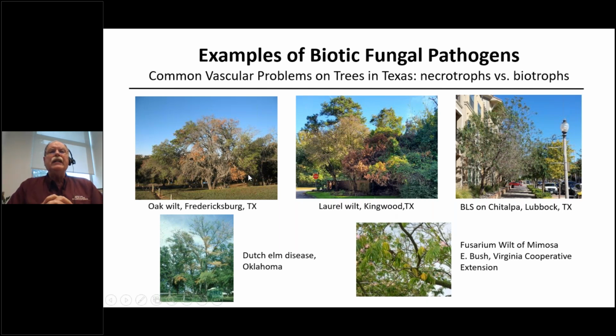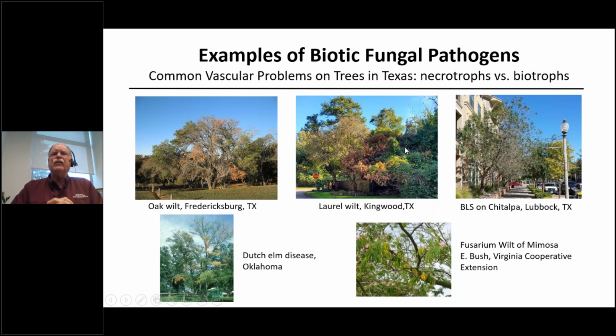Oak wilt is a necrotroph, but if you recall, the many times I've said it, the oak wilt fungus is a very, very good parasite, but it's a very, very poor saprophyte. So therefore, it's a facultative saprophyte. It's just sometimes it's a saprophyte. It behaves very much like a biotrophic organism in a lot of the stages of its disease cycle.